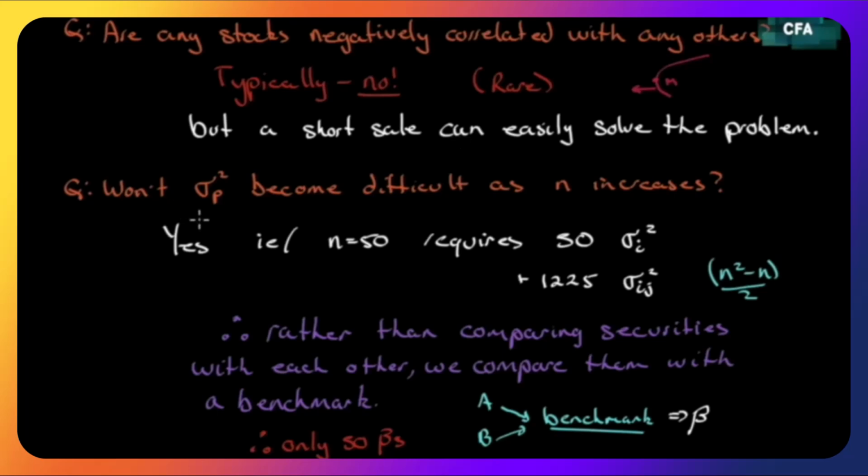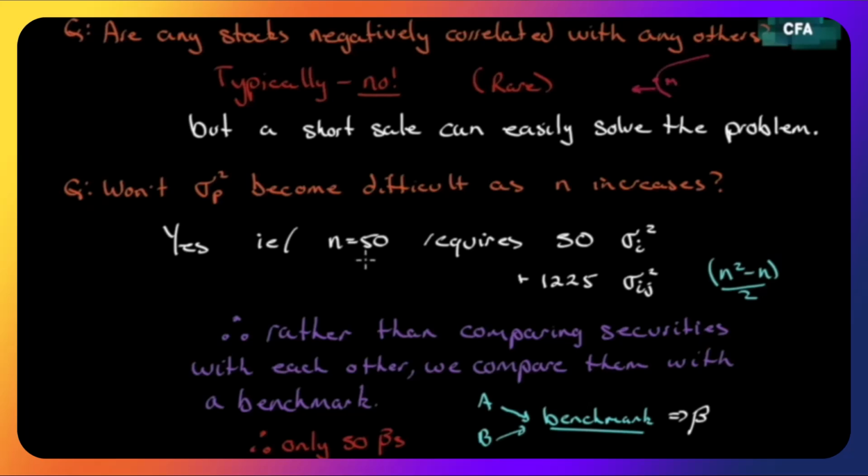Last question. Won't the variance of the portfolio become difficult as N increases? We see in a two asset portfolio, we have two variance terms and a covariance term. In a three asset portfolio, we would have three variance terms and three covariance terms.